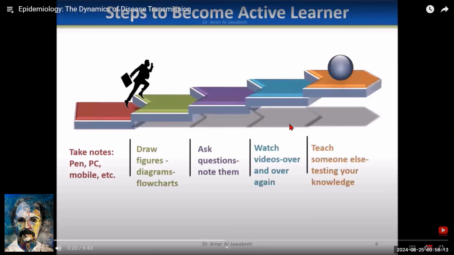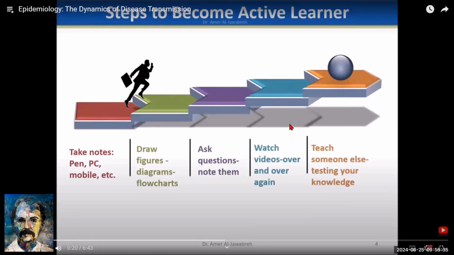That's just for you to study. That's just for students. First, you have to take notes. Some students sit down and they never take notes. They just listen. Maybe they are recording my voice, but it is much better for you as doctors and future scientists and physicians to take notes.